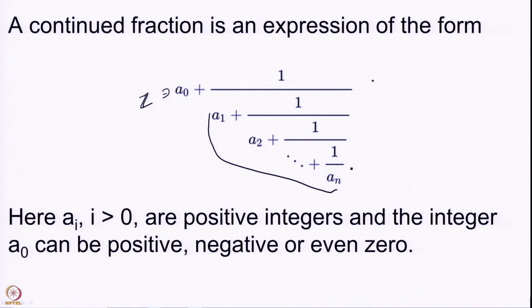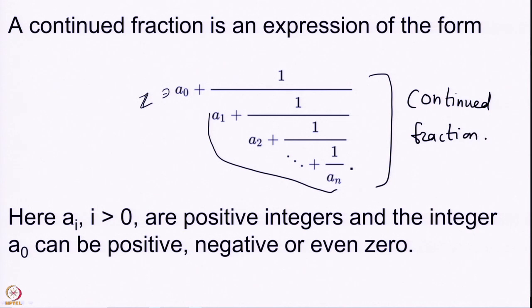We have such an expression, and observe that it involves only finitely many integers. Such an expression is called a continued fraction. It is called this because it involves fractions and they are continued in some sense. So, we call it continued fraction.